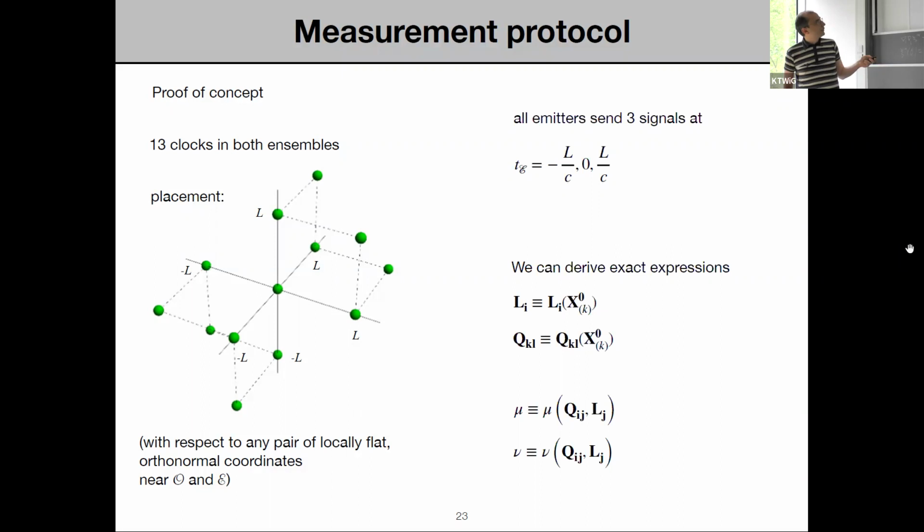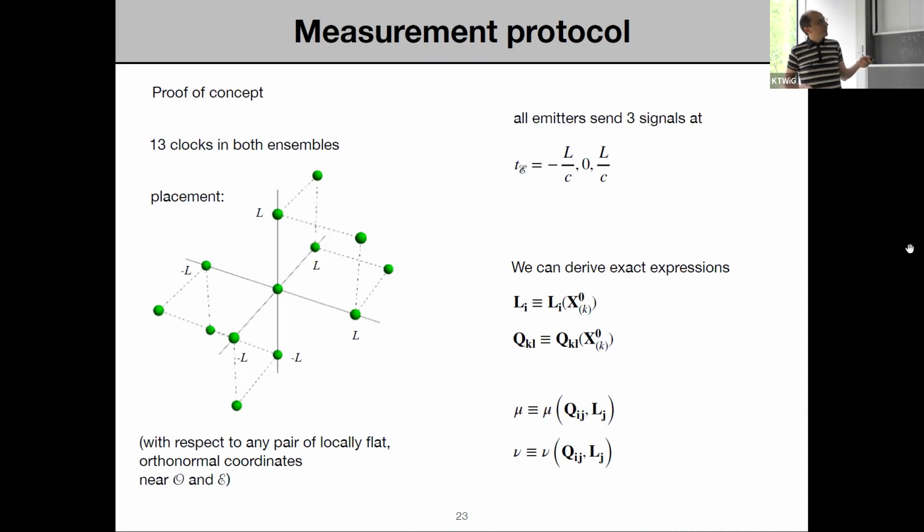And now this arrangement has a very nice property, namely, you can derive exact expressions for the components of L and Q from the times of arrival here. This is because of the geometry of this thing here. You can use various tricks. For example, the fact that the components of L and Q behave differently under the reflections of spatial coordinates, or you can use the polarization theorem.